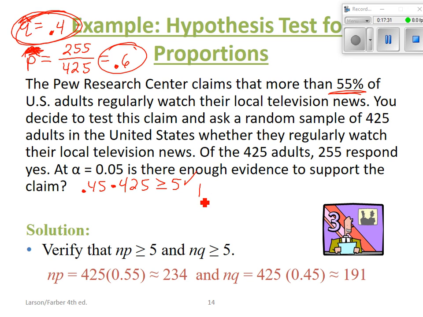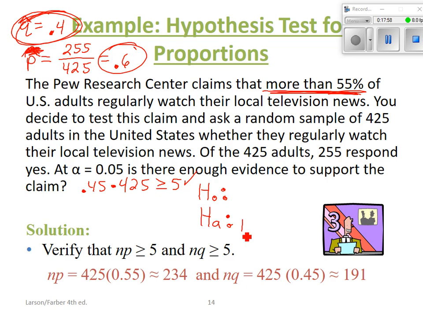We're going to write our H0 and our HA, then I'm going to switch to the next slide, and we'll just do most of it. The research center claims that more than 55%. So more than 55% means that our p is greater than 0.55.